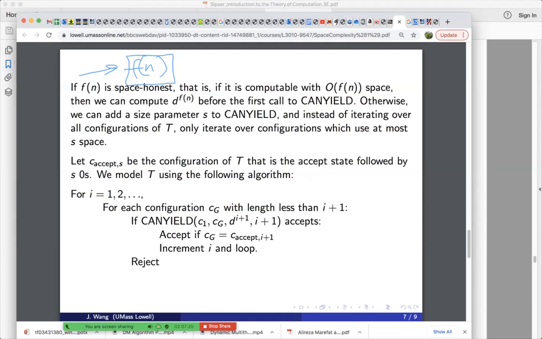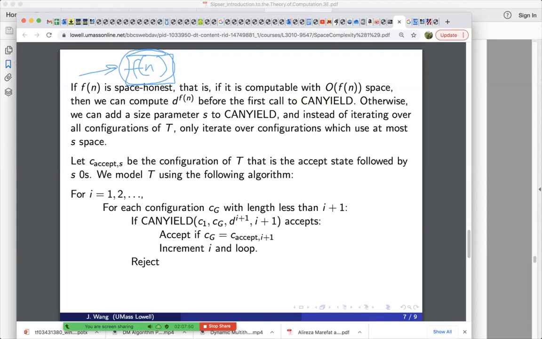If the space I need is more than this, then I cannot just say, okay, I'm going to compute this, because you already need more space than just computing these things. So now I have two issues here. One issue is that computing f of n can just be using the same amount of space, or a proportional amount of space, right?